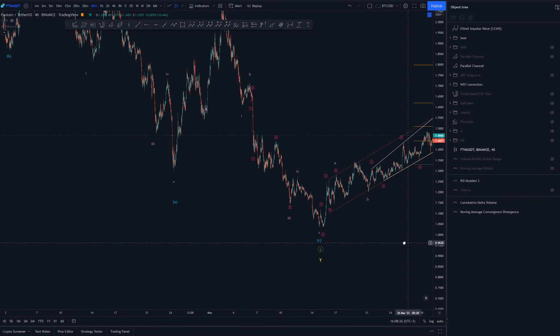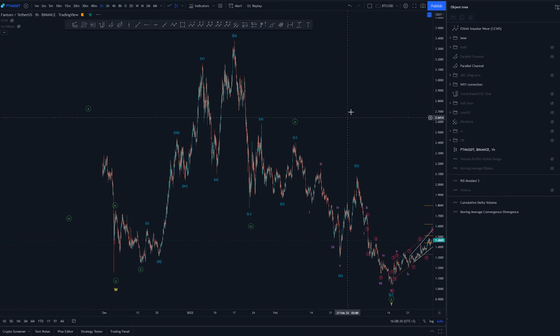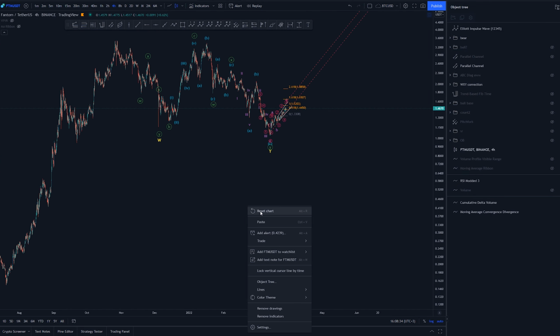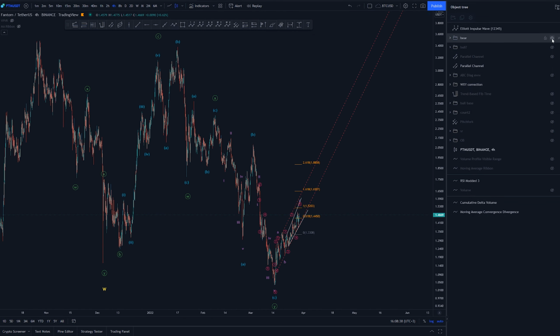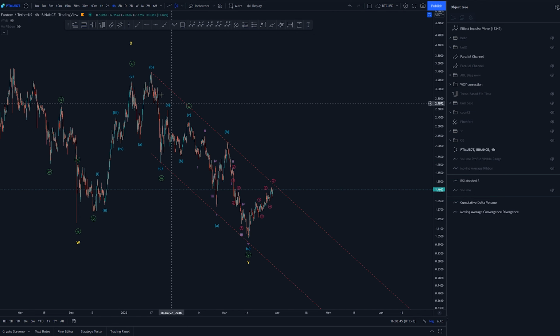Now, let's zoom out a bit and see what kind of structure this whole thing is. Just need to keep in mind what we're dealing with overall. Let's turn this off and draw a parallel channel on this one. Now, I got this channel around this current leg down, and note that we still are within this channel.